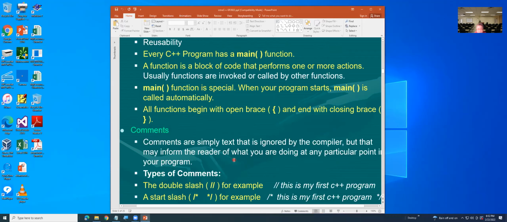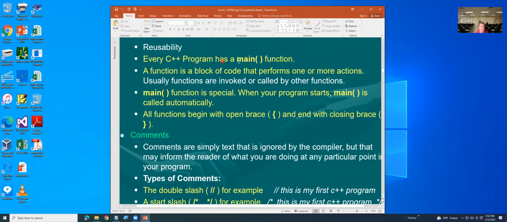Every C++ program has a main function. Whatever you want to do in your software, in your program, there is a function called main. You see the open bracket and close bracket here. A function is a block of code that performs one or more actions.